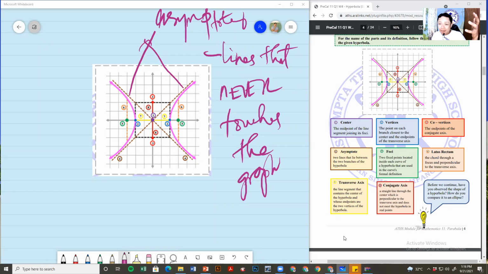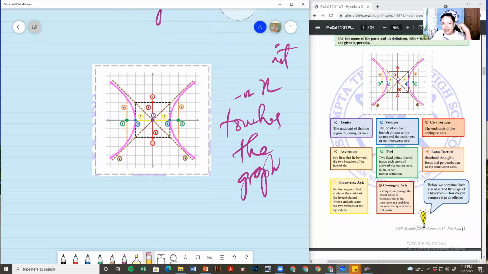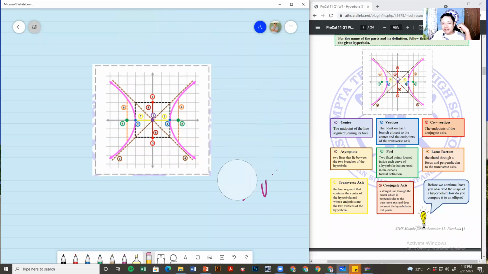So asymptote simply means hindi siya maaring, pwede siyang lapitan, pero the graph of the hyperbola will never touch it because of its smell. That's just a joke. Okay? Please take note of that. Basta, it serves as a barrier, a guide that the graph should not pass through.